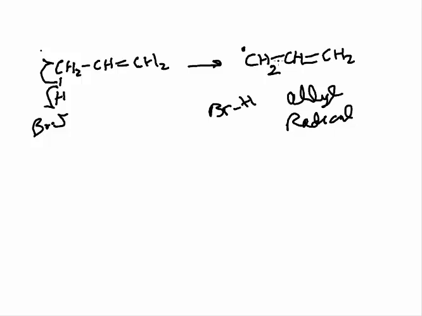All right, so pay attention to this. This is something we want you to learn. This radical is called an allyl radical. Now, let's ask the question: can I draw resonance structures for this structure? To answer that question, let's go back to the resonance patterns from chapter 2.